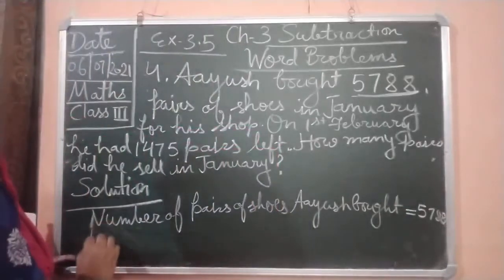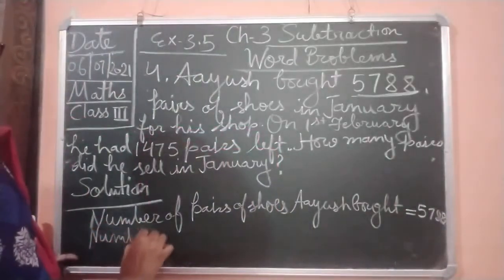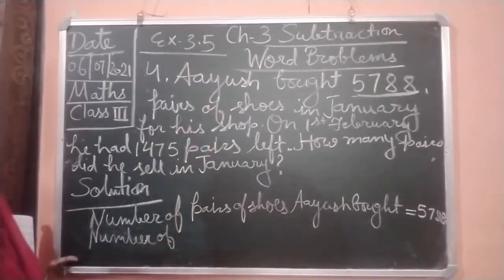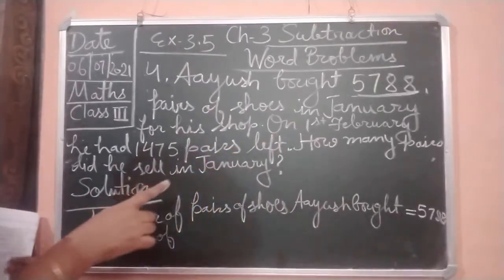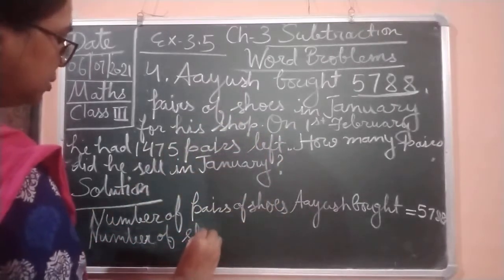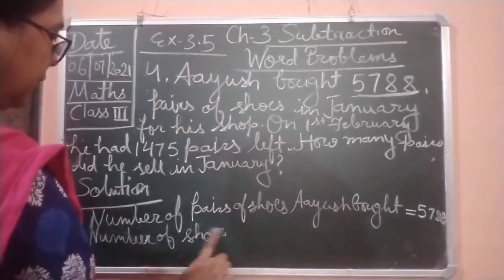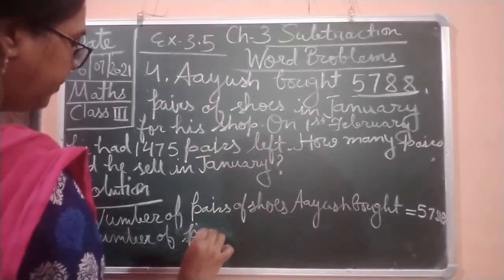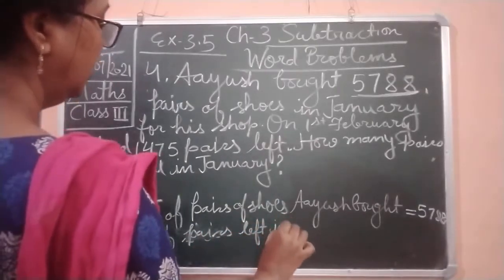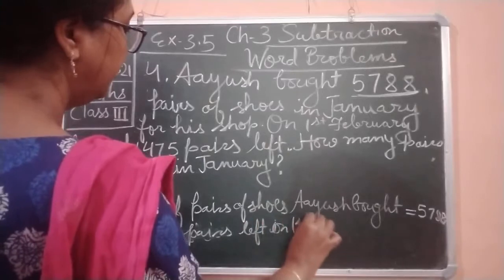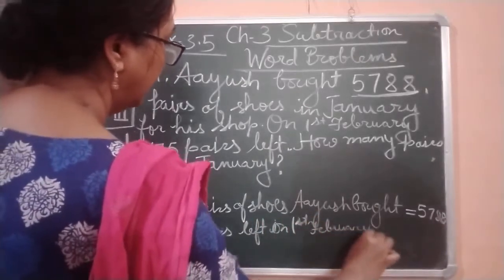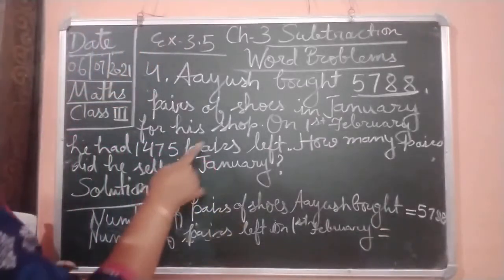Okay, now number of pairs of shoes left in January for his shop. On 1st February, number of pairs left on 1st February equal to how many left?